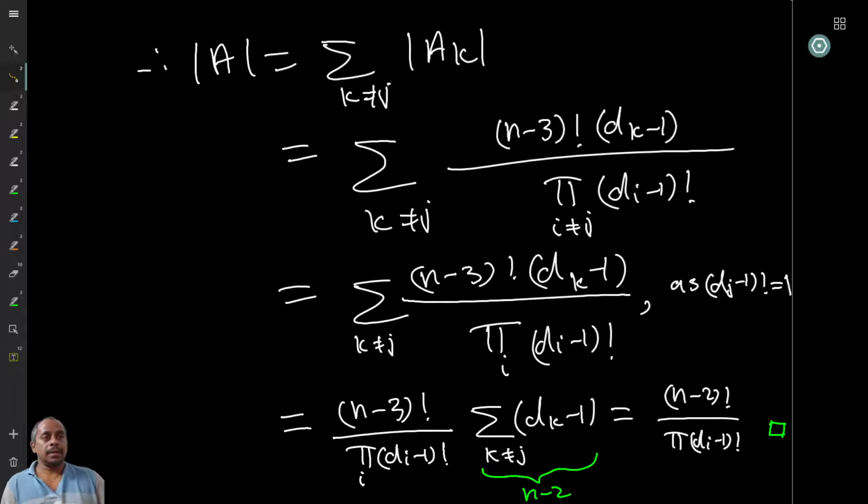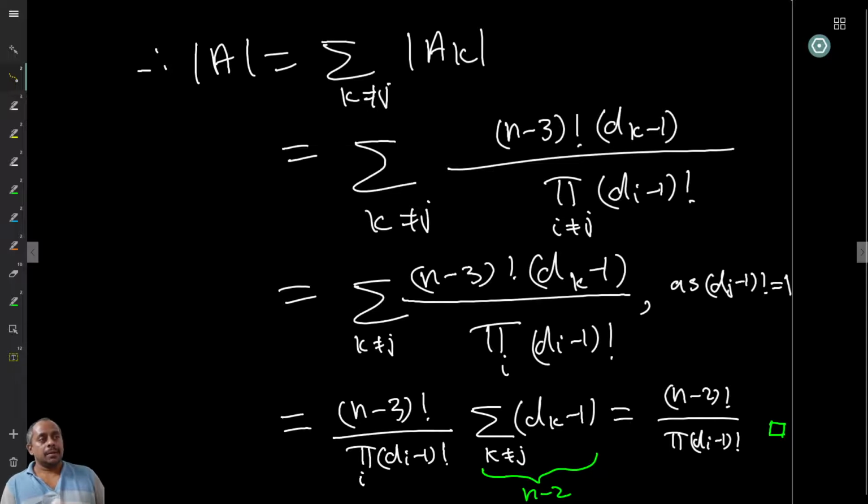Because the summation of d_k is 2n minus 2, and then we subtract d_j minus 1, which gives n minus 2. So this is equal to (n minus 2) factorial by the product of (d_i minus 1) factorial.